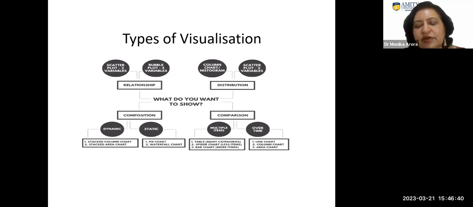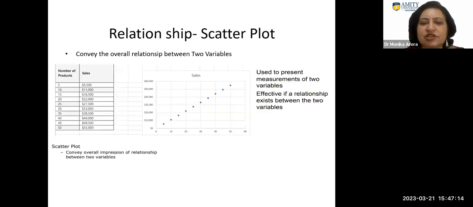Similarly, when you do the comparison between multiple items or over time, there are different charts, like the spider chart, bar charts, area chart, etc. There must be overlap between the two, because when you are having a composition, normally we go for a pie chart, heat map. There is a tree map also, which is one of the important charts for the composition.